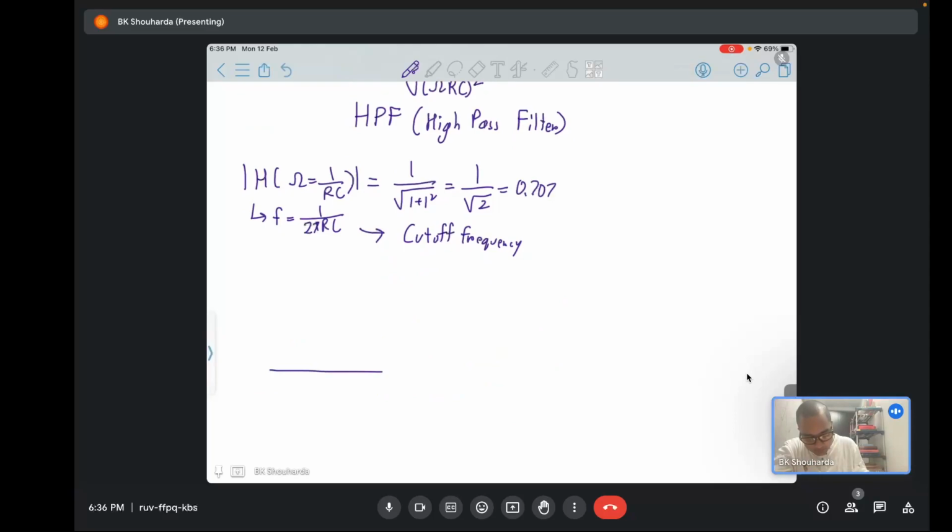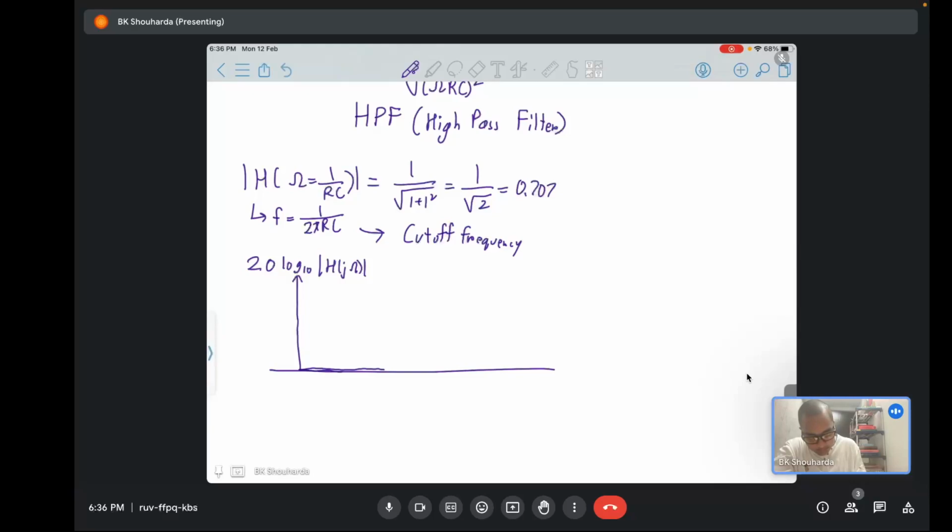So how does the magnitude response look? Initially it's very small. What I'm plotting here is the magnitude response, in a logarithmic scale.